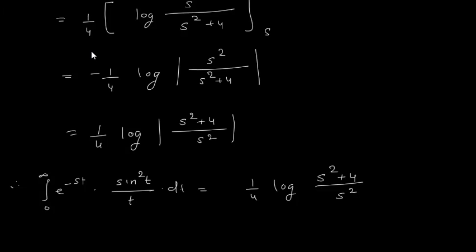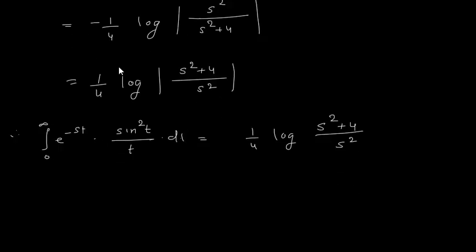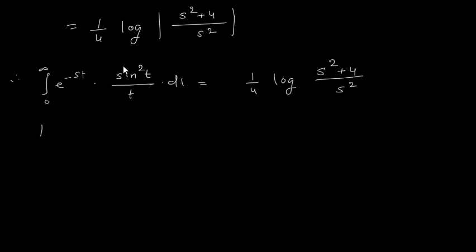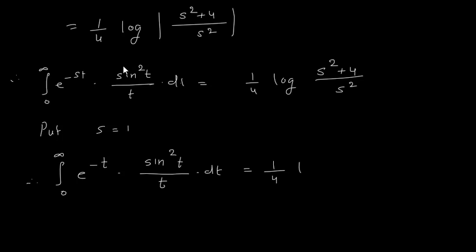Now I have to prove that integral 0 to infinity e raised to minus t. That means I will put s equals to 1. We will get integral 0 to infinity e power minus t into sin square t upon t into dt equal to 1 upon 4 log of, in place of s we put 1.